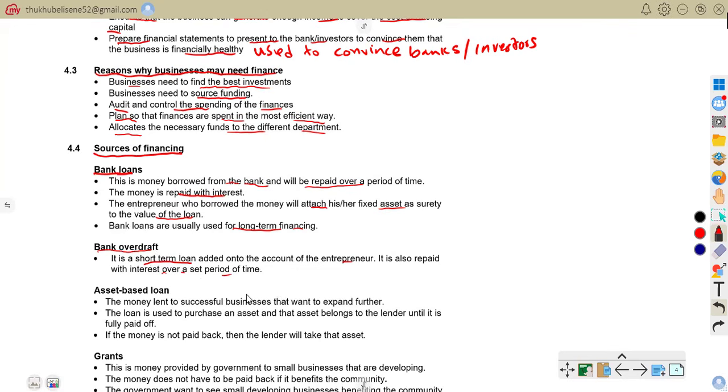For example, an account allowed to go negative. That is when you spend more than what you have in your account.